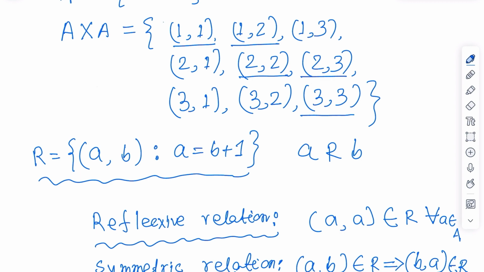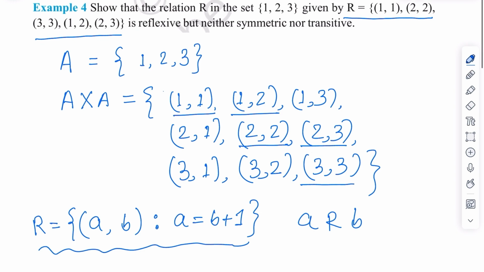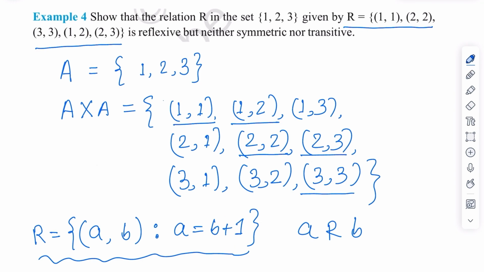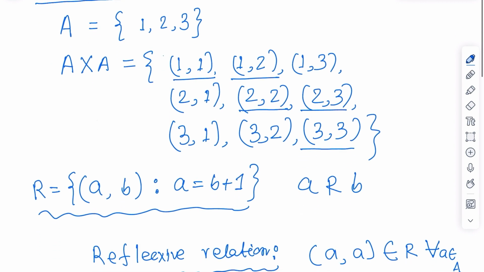Okay? Now you see, in the original set, 1, 2, 3 were there, and the set was {1, 2, 3}, it was given. Now you see, as per reflexive relationship, this same thing, (a, a), that means (1,1), (2,2), (3,3).